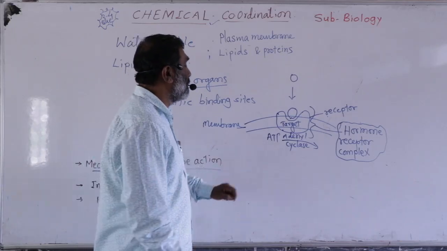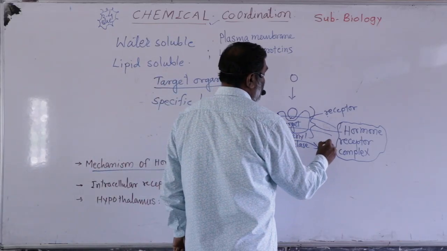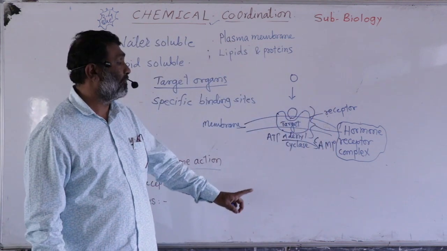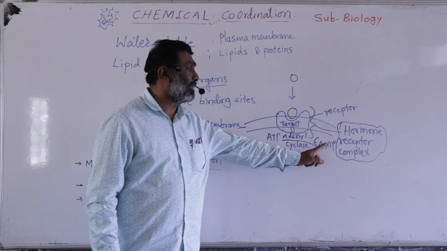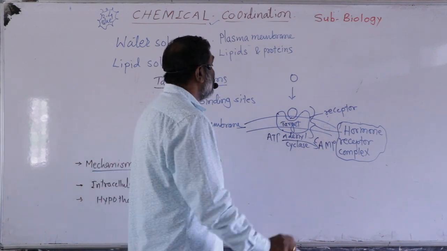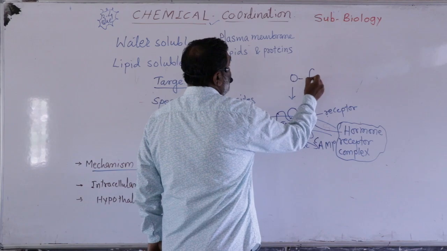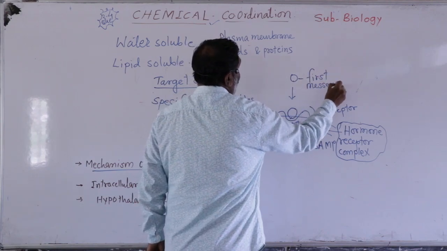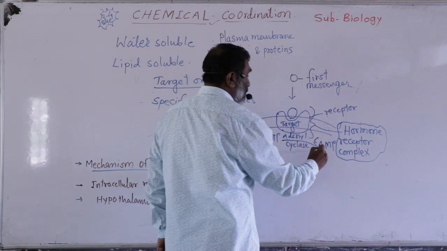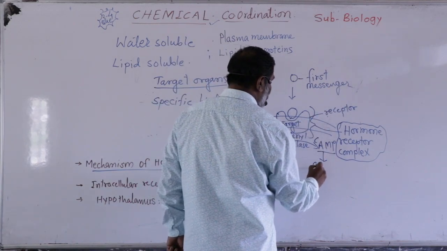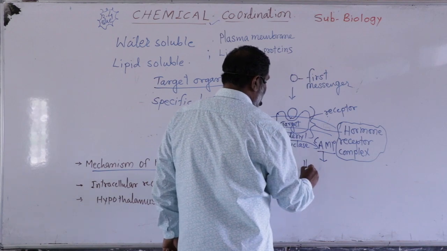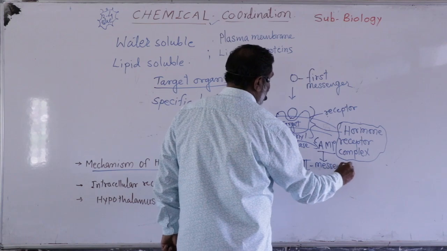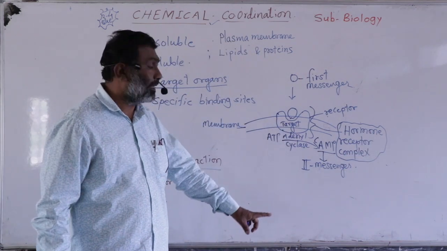It converts ATP into AMP. It is produced cyclically, therefore it is called cyclic AMP. Now the hormone molecule is the first messenger, whereas the cyclic AMP is the second messenger. Here it works as a second messenger. What happens here?